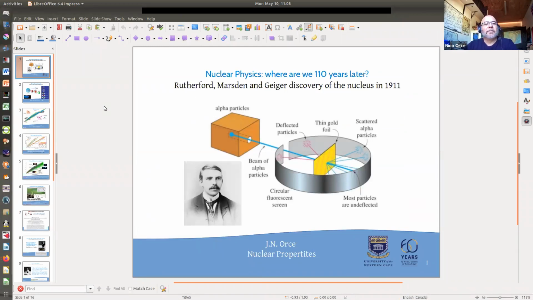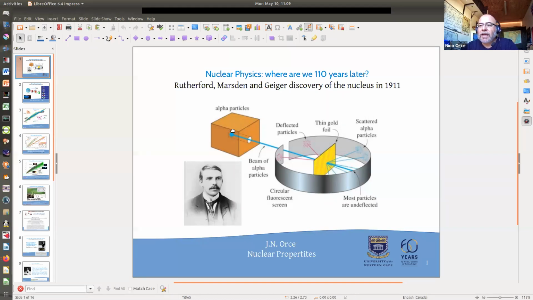And you see, this is the beginning of nuclear physics. It happens in a lab where you have this circular fluorescence screen where you could see flashes of light, and you have a collimating alpha source here.